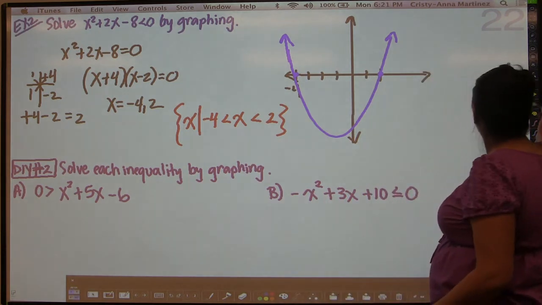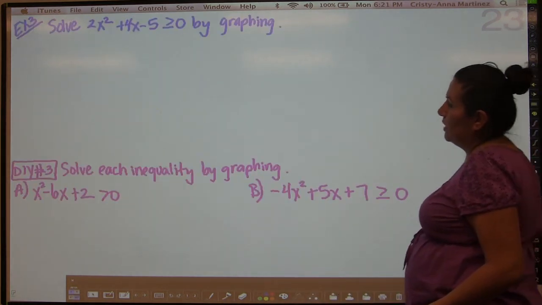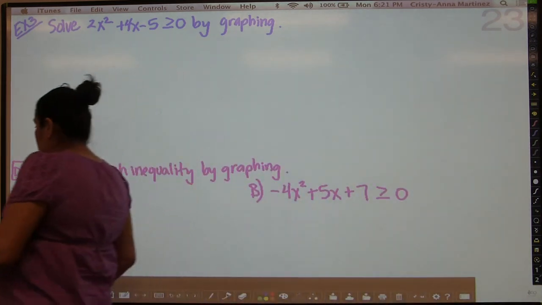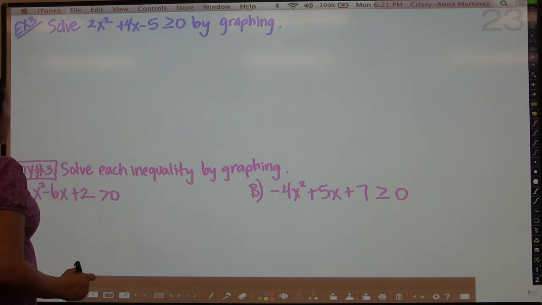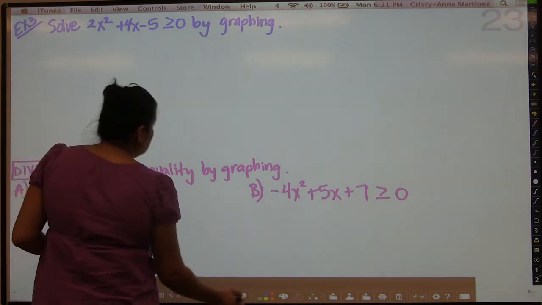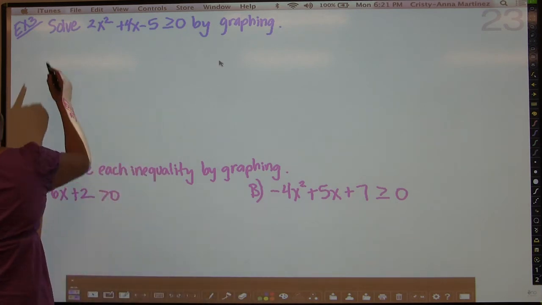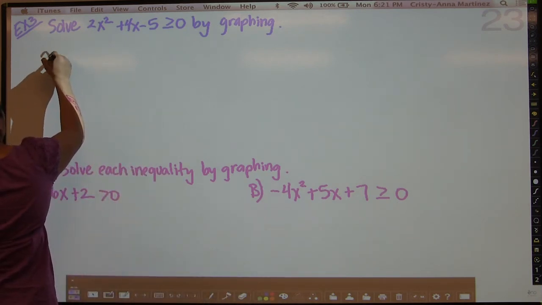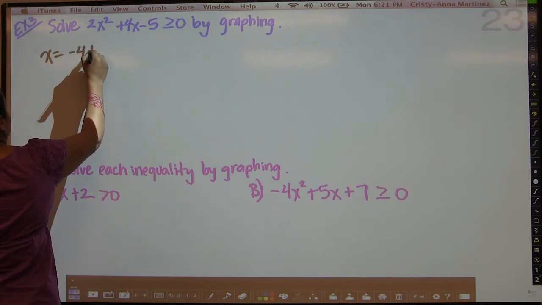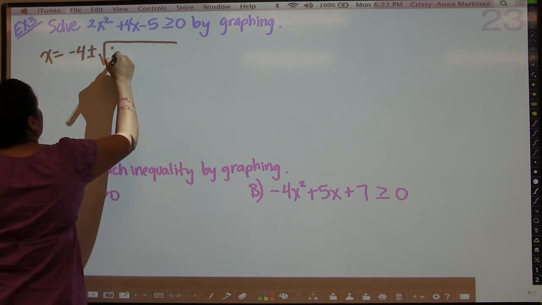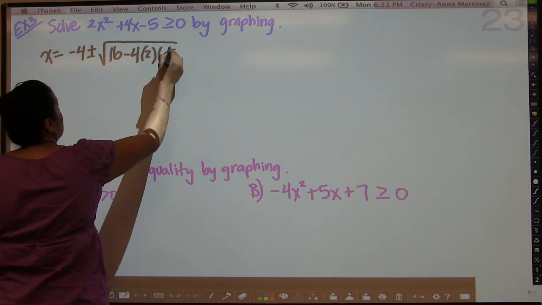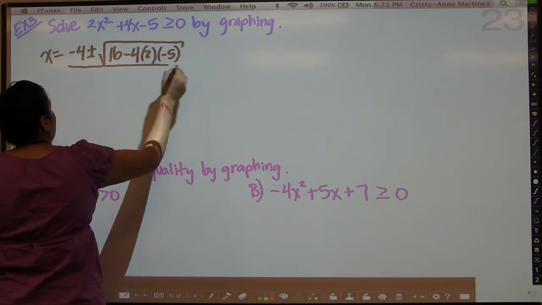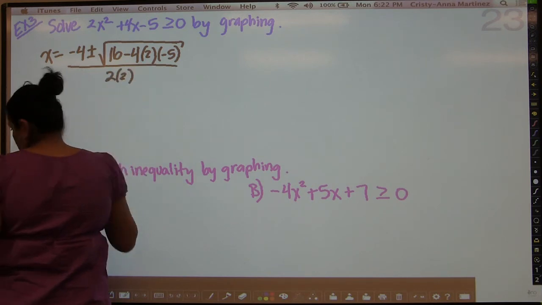Okay, so now we're going to go to example 3. And example 3 is like I was saying earlier, we can't always factor the problem. So in this case, it's the one that we can't factor. But I still need to find the zeros. So I'm going to go x equals -b plus or minus radical b squared is 16 minus 4ac all divided by 2a.